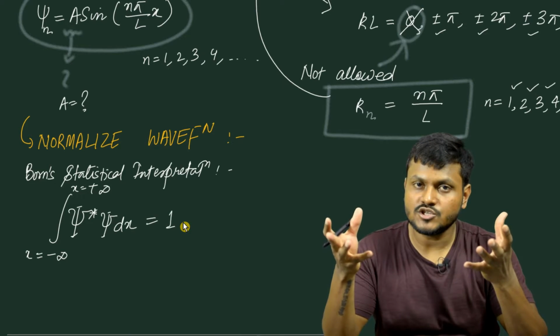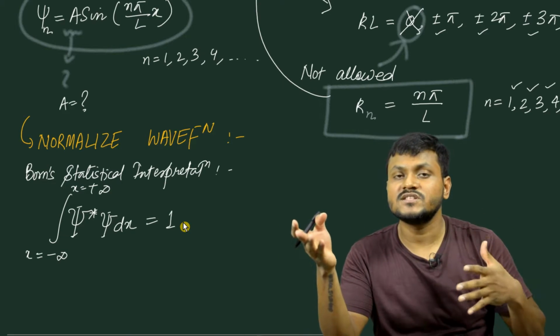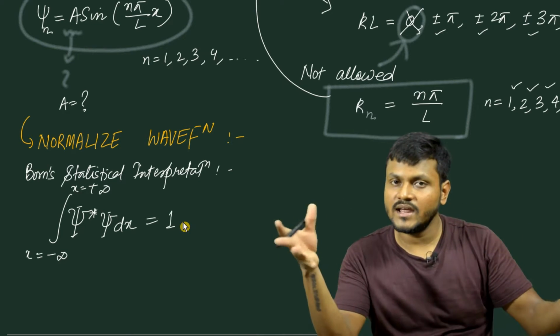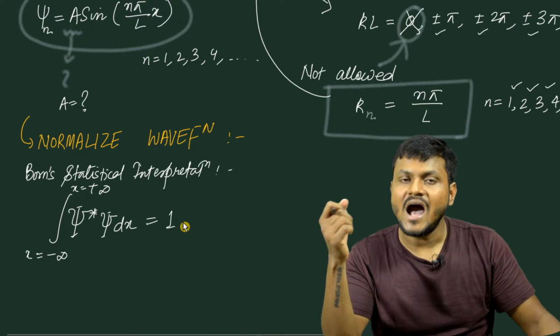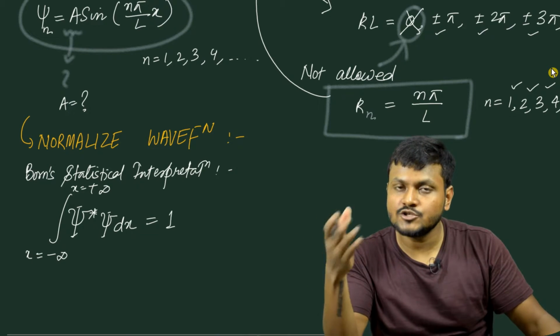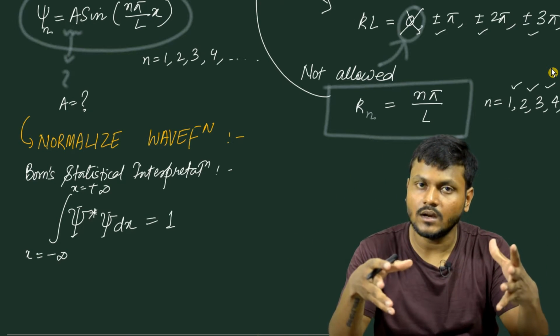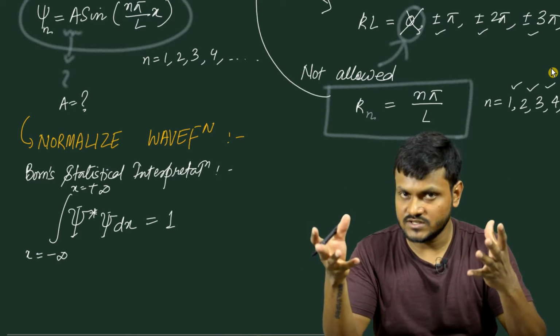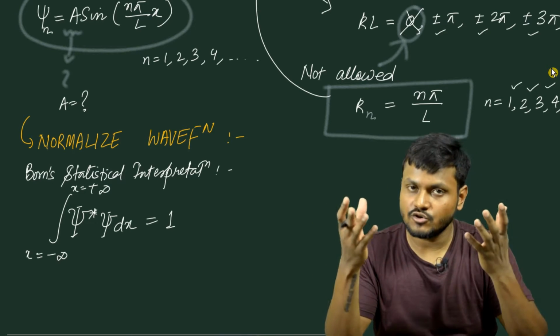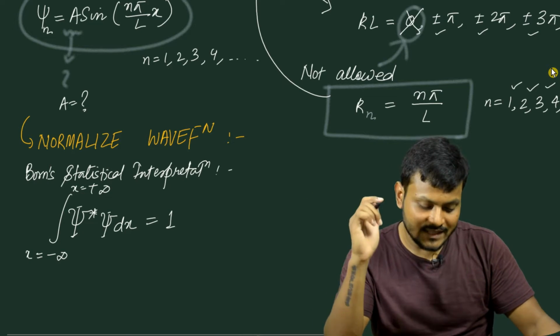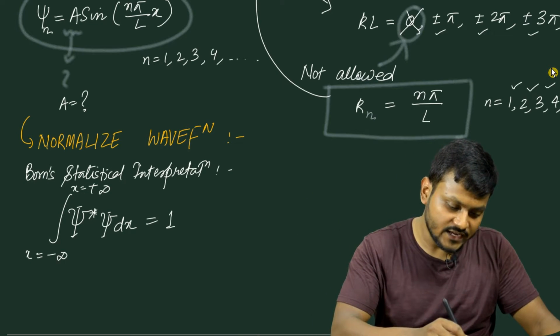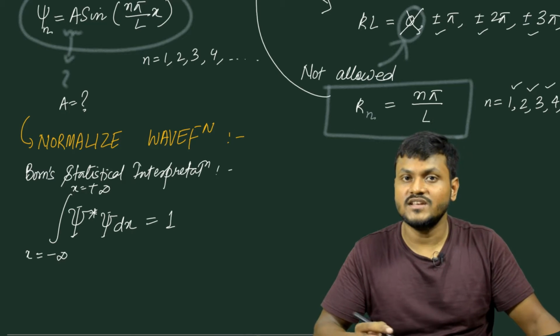The Schrodinger's equation is a differential equation and it can give us infinite mathematical solutions. However, not all mathematical solutions are realistic. Only those solutions that also satisfy Born's interpretation can be used for a real physical particle.